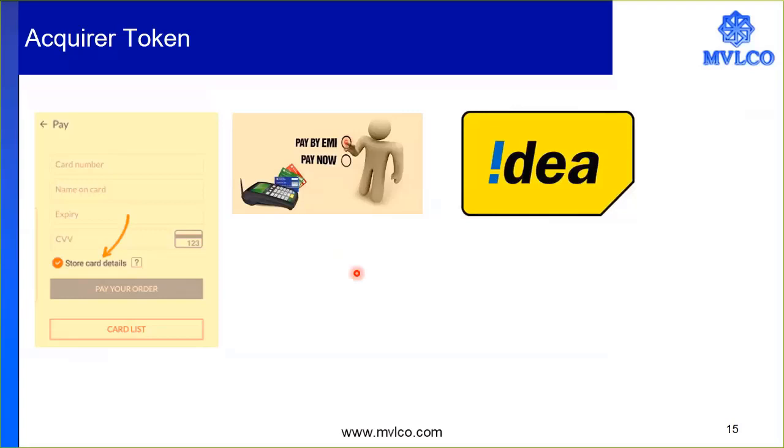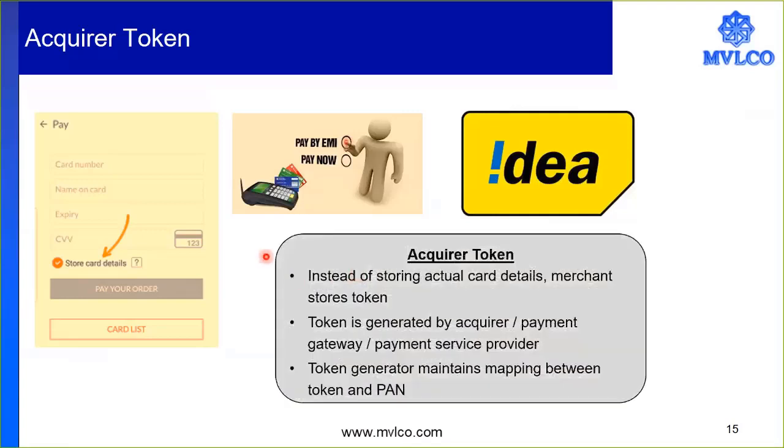Then what I would do alternatively as acquirer is that I will tell my merchant: do not store card data. You give me card data, and instead of that, I will give you a token. A token is nothing but a replacement value. So now, the actual card details remain with the acquirer, and what the merchant has are only the tokens, right?